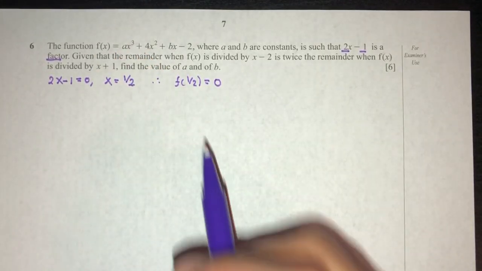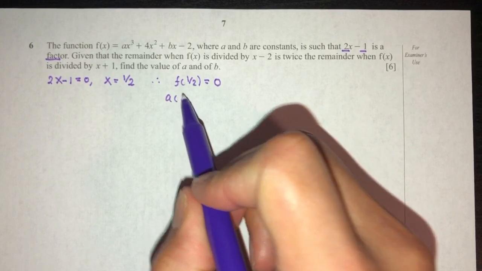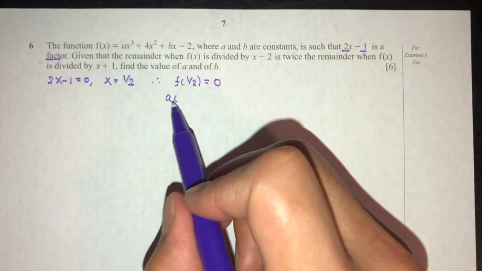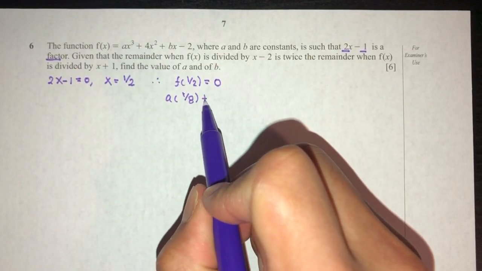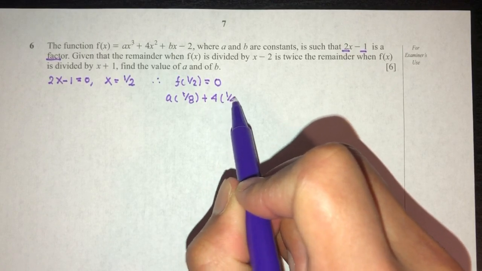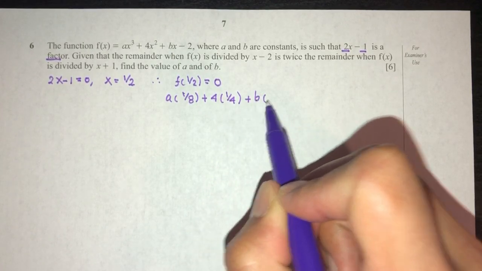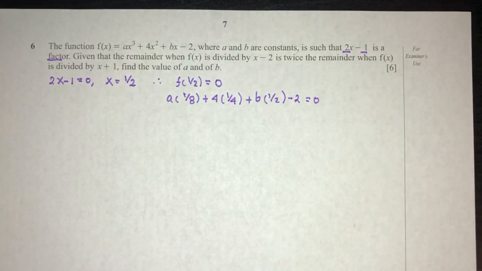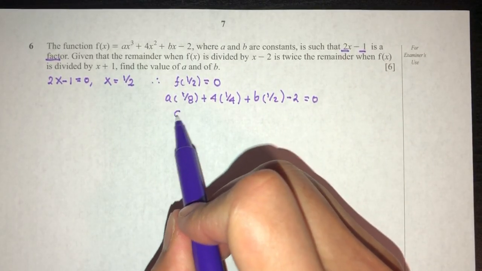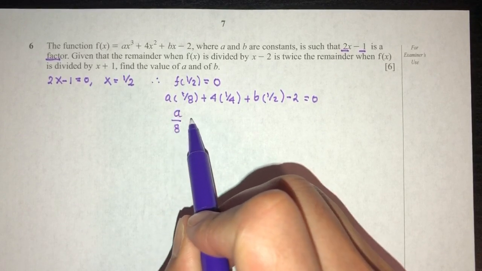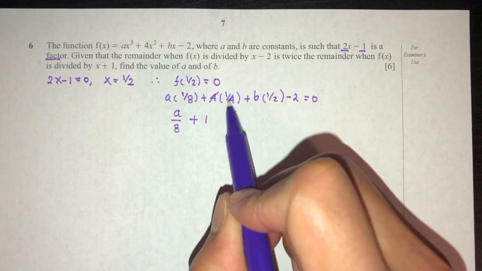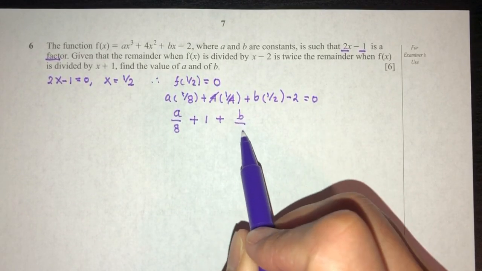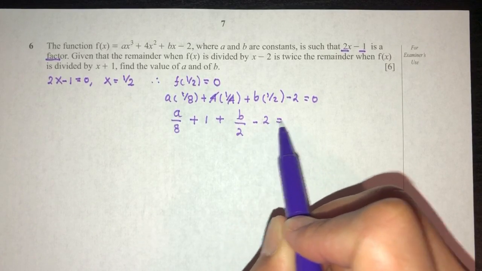Replace the values in here, you will have a times half cubed, so half cubed will be 1 over 8, plus 4 times 1 over 4, plus b times half, minus 2, has to be 0. So simplify, we have a over 8 plus 1 plus b over 2 minus 2 is 0.